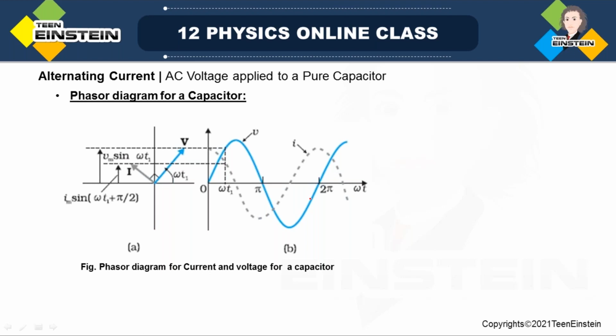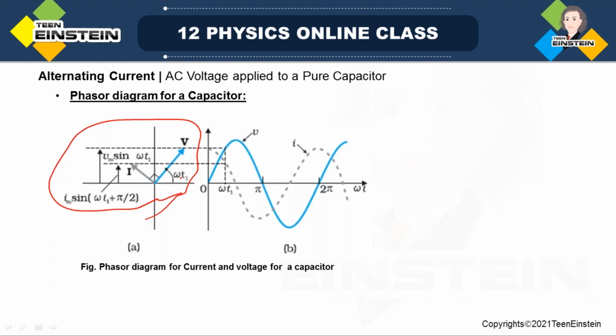This is the phasor diagram for current and voltage for a purely capacitive circuit, when AC voltage Vm sin omega t is applied.